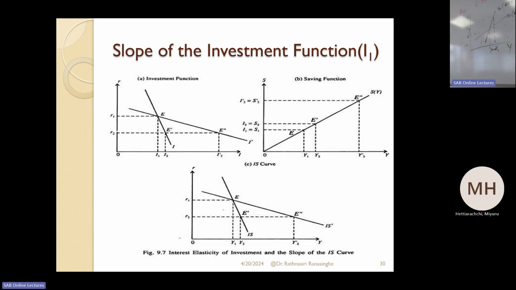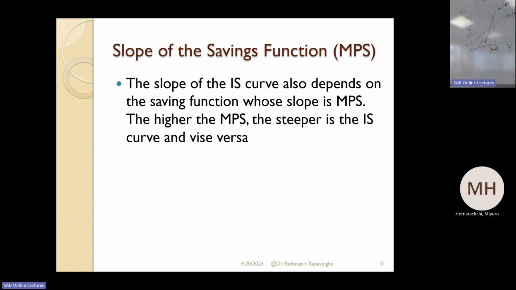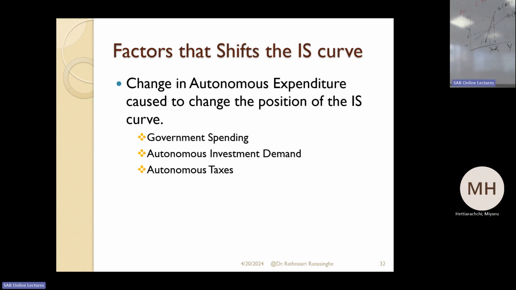Also, if we have a high MPS, that means a steeper savings function, which ends up with a steeper IS curve, and vice versa. So those are the factors that determine the slope of the IS curve.